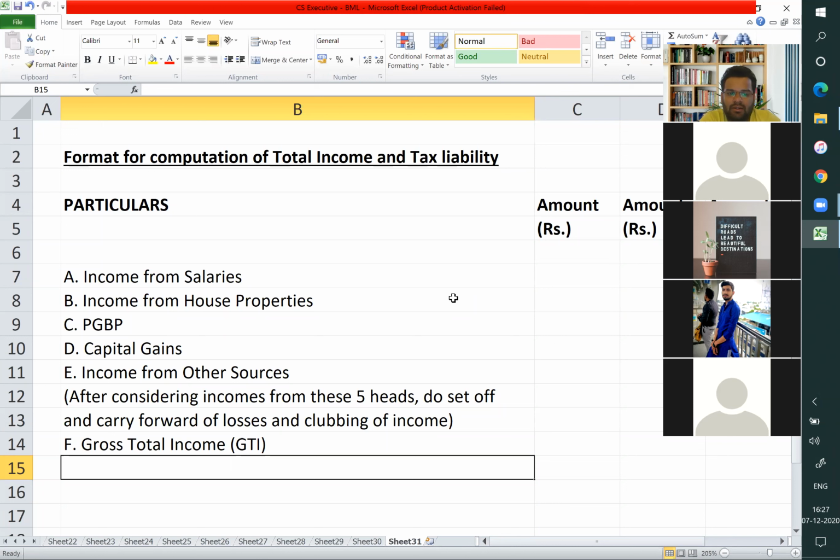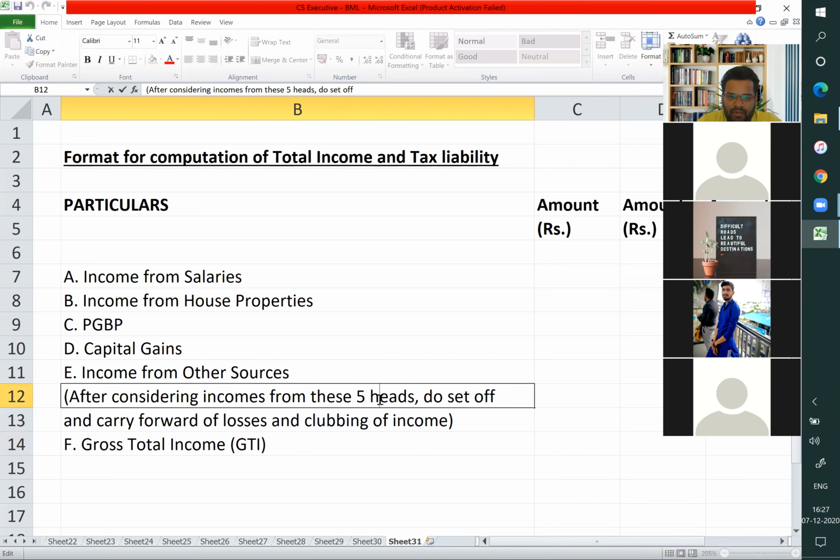Now, once you get GTI, government is not so stringent that they will ask you to pay tax on this. I'll give you a small example of what I mean by set off of losses. If you do not understand, we are going to do it in coming sessions, so no problem.